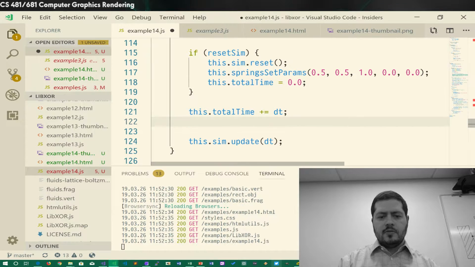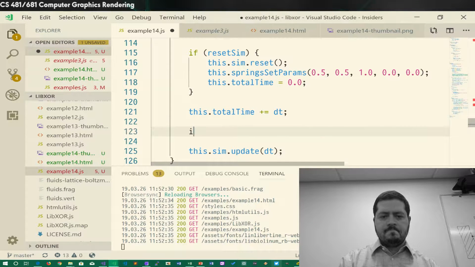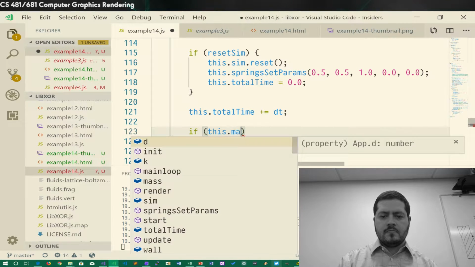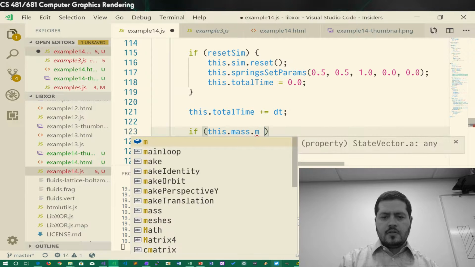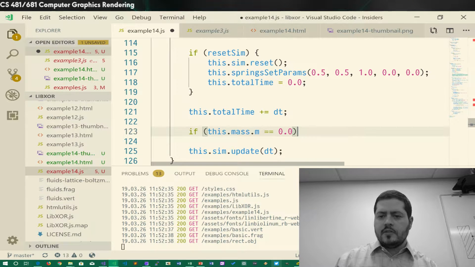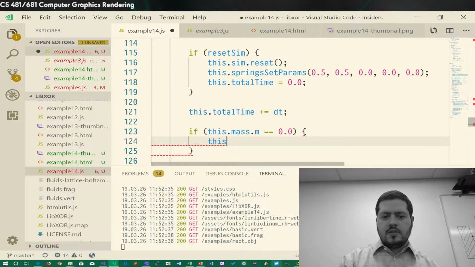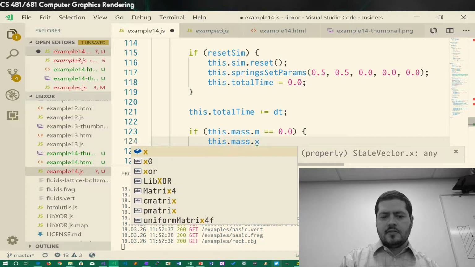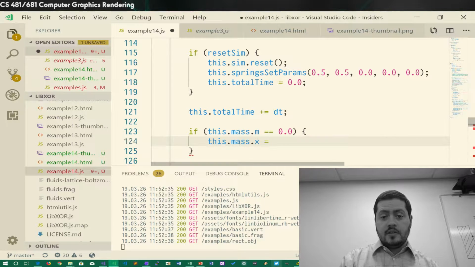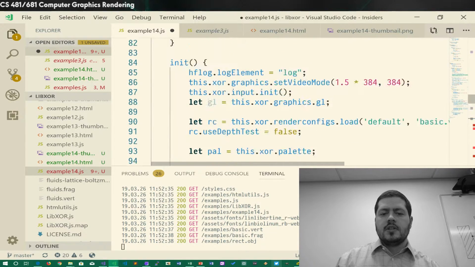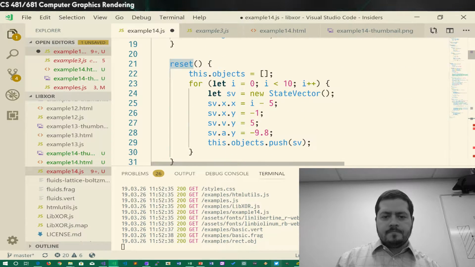All right, so now let's do this first case where if the mass is 0, this.mass.x equals whatever the initial position is. Interesting. Oh, good point.